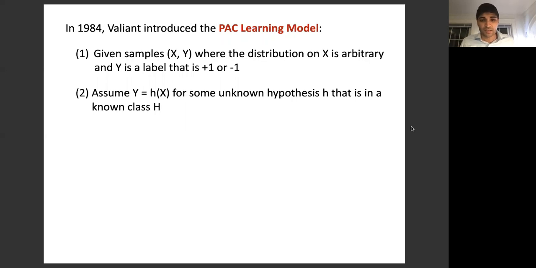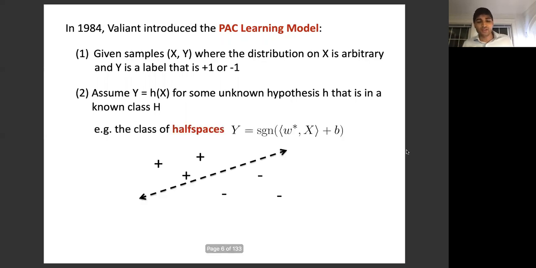Just to give a simple example so that we're on the same page, one of the classic problems in computational learning theory is the problem of learning half spaces. Here your class is the class of all half spaces, and there's an unknown actual half space, and each time you get a sample, it's an x, and the y label is just +1 if it's on one side of the half space, and it's minus on the other side.